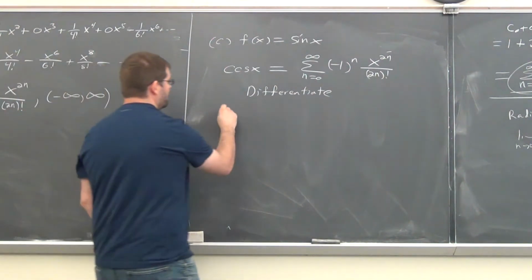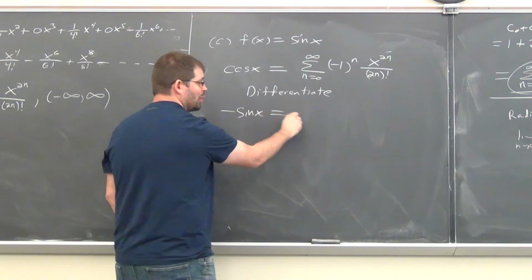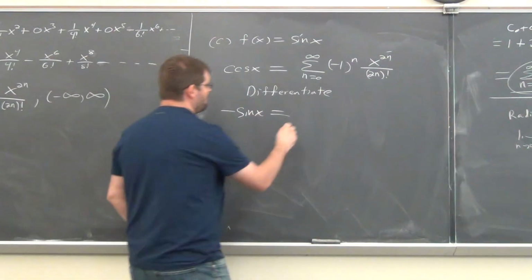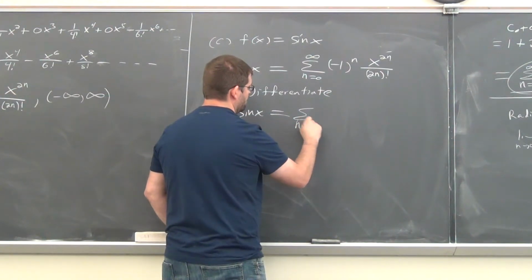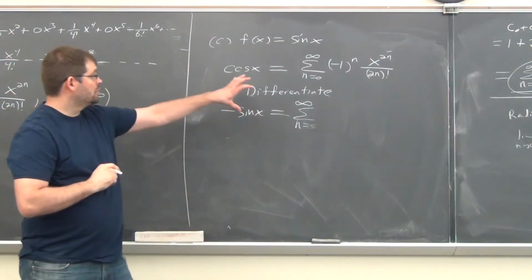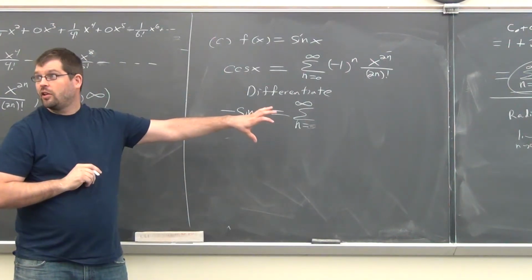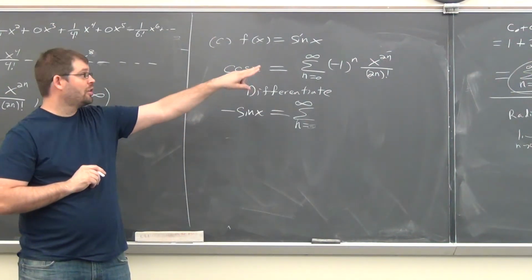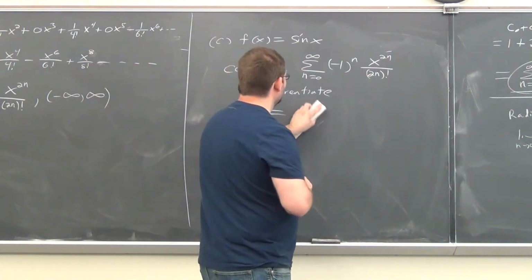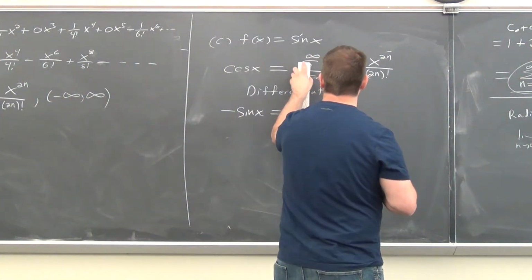Negative sine. So I'll have to deal with that, but that's close to what I want, right? And then what's the derivative on the right-hand side? Oh, be careful here. So the -1 and the 2n factorial will just sit there, right? And so your exponent will follow. And actually, you know what? I think I want to do it this way. Here, let me do it this way.